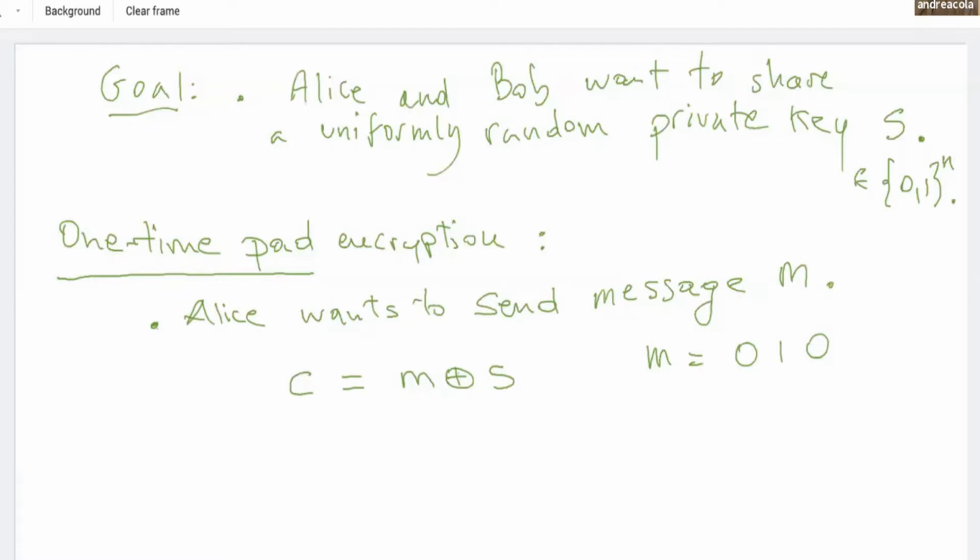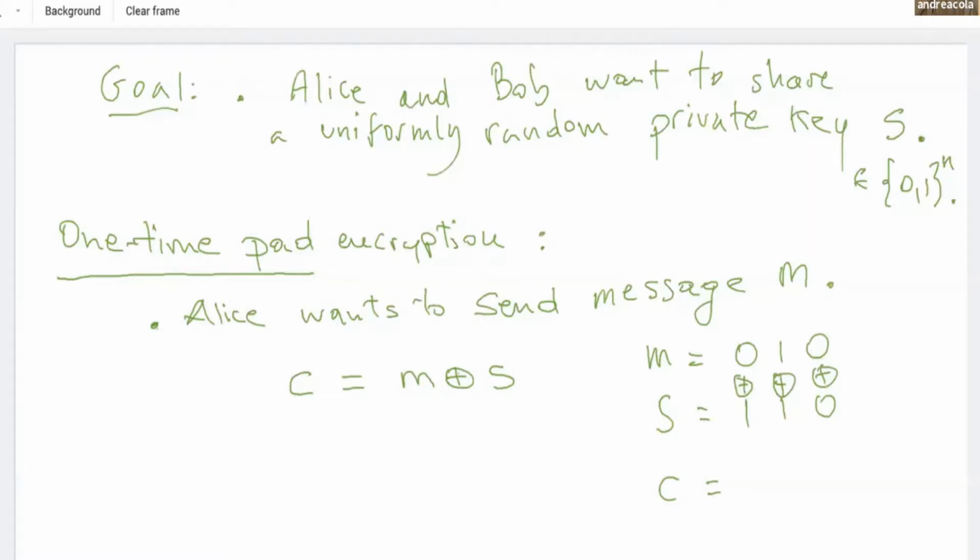So let's say the message is 010, and the secret key is, let's say, 110. Then the ciphertext will be the bit by bit XOR of M and S. So you do 0 XOR 1, 1 XOR 1, 0 XOR 0. You're taking the parity of the sum.